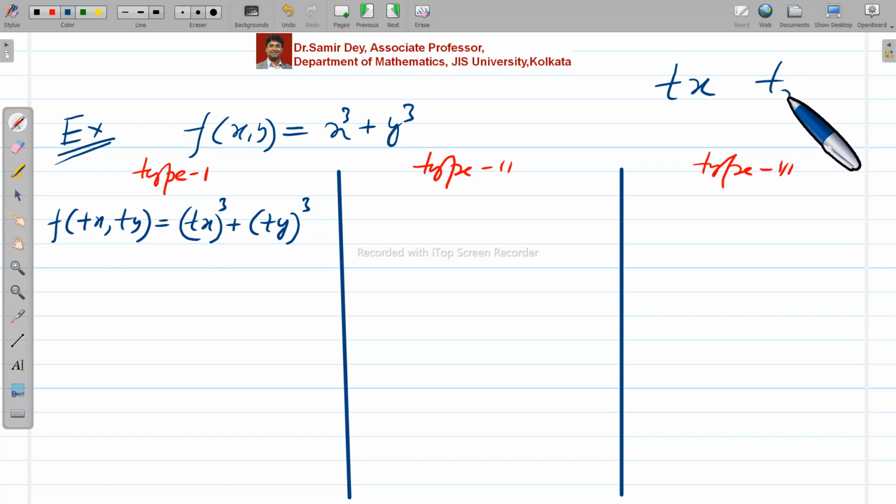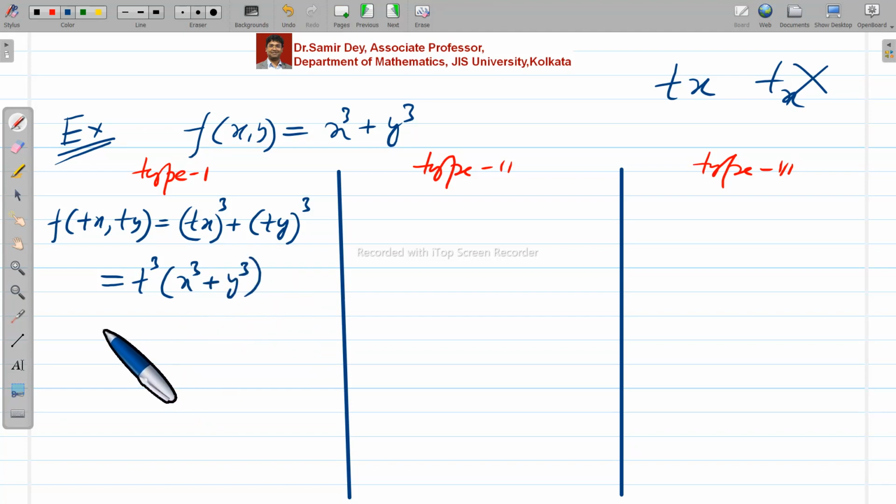So from here t cube is common, and it is coming x cube plus y cube. Then it is coming t cube f(x,y).